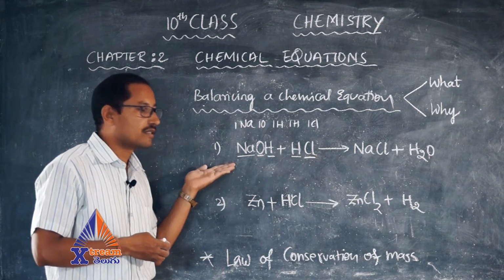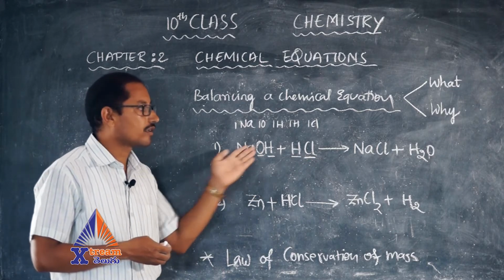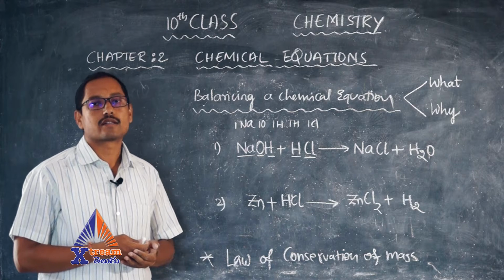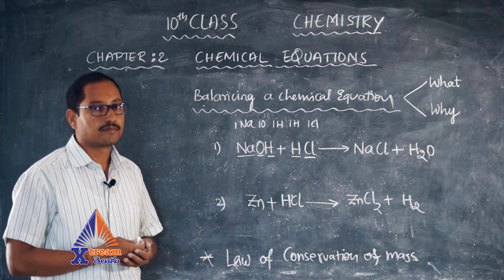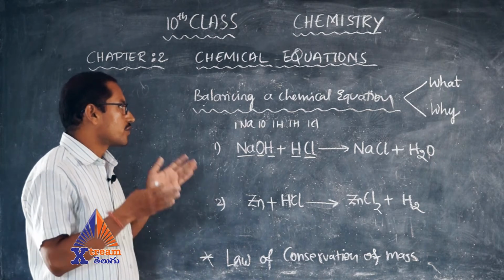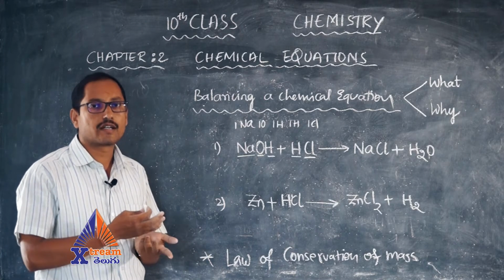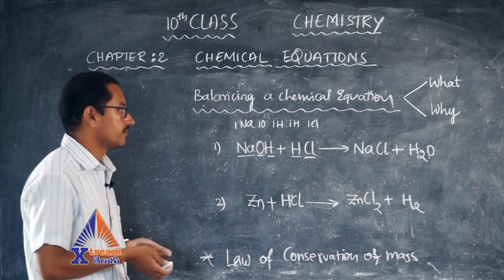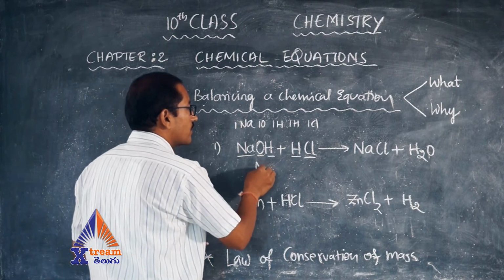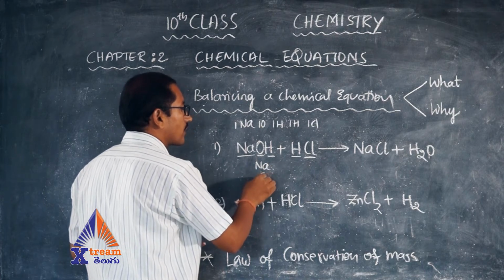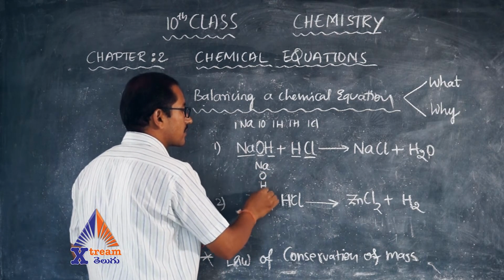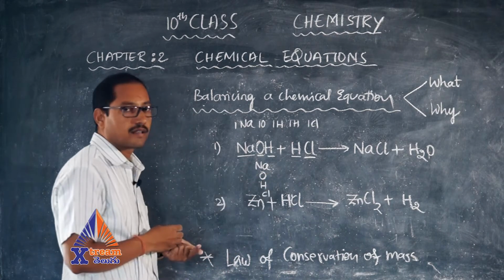This side is called the LHS side, the reactant side, and the other side is called the RHS side, or product side. In total, how many sodiums are there, how many oxygens, hydrogens, chlorines, let us count.